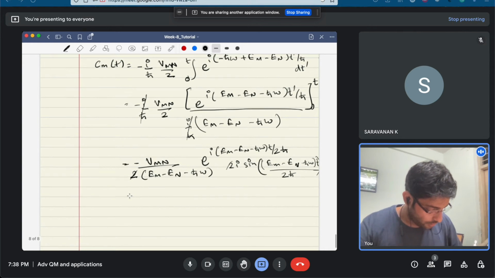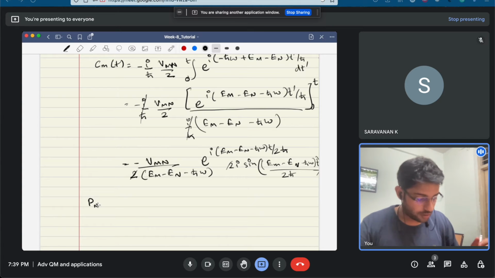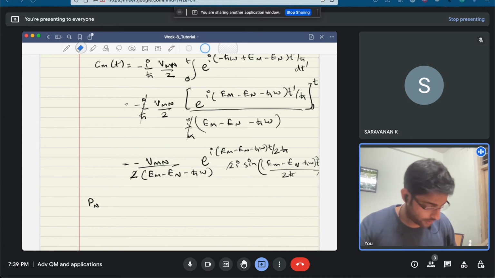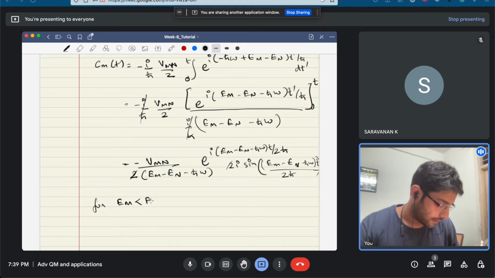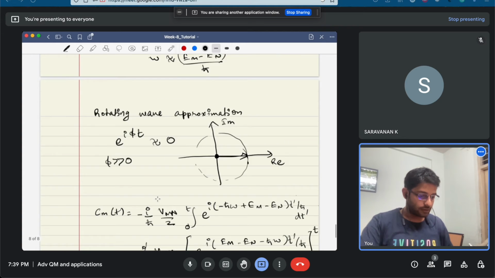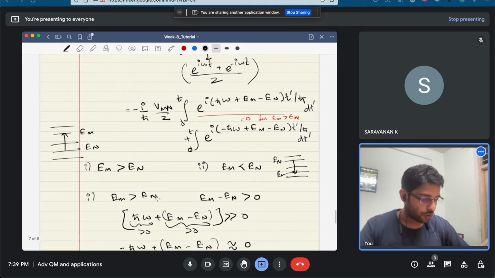So ultimately your transition probability for n to m. Okay, sorry, there was also one more case, right? For Em less than En, your first term remains and the second term goes to 0.